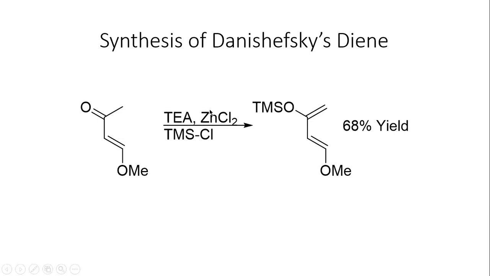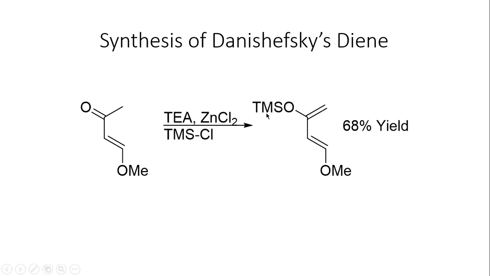And zinc chloride is necessary as a Lewis acid catalyst to activate the carbonyl, and then you just trap the enol with TMS chloride. At first, they tried just doing triethylamine and TMS chloride, but it was not successful. So they added in that zinc chloride as a Lewis acid, and then they were able to get out this highly functionalized diene in 68% yield.